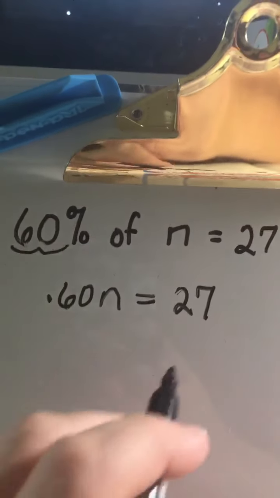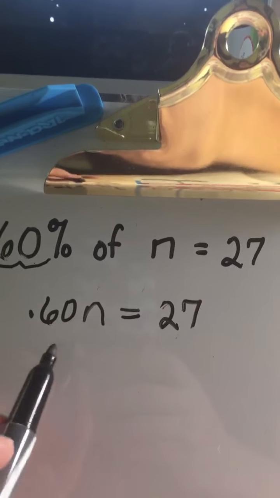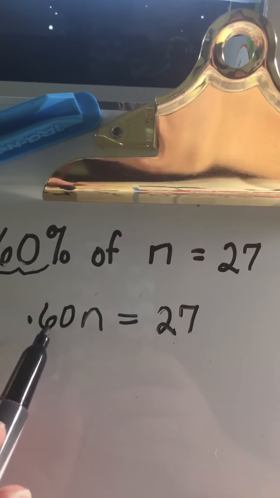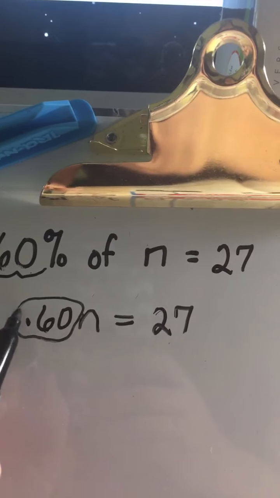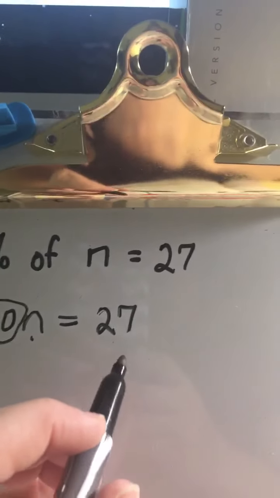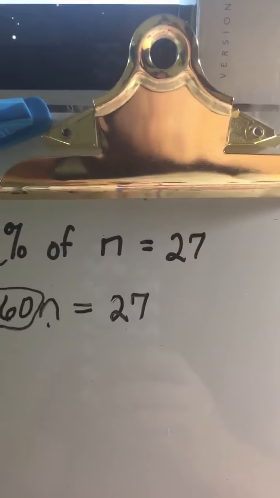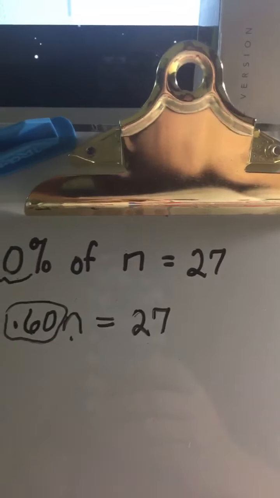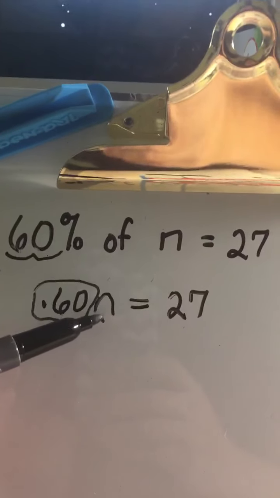So once we have our equation set up like this, then we need to get rid of this number, whatever it is. We want to get rid of it so that we have just the n on one side and then a number on the other side of the equal sign, because that will tell us what the n equals. Okay, so we have 0.60 times n.